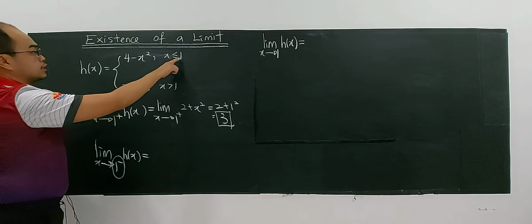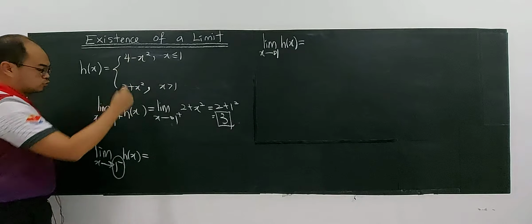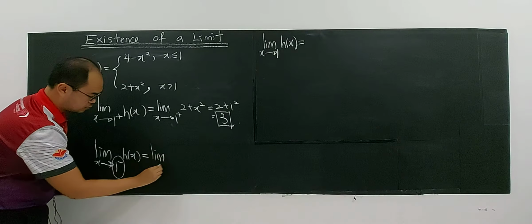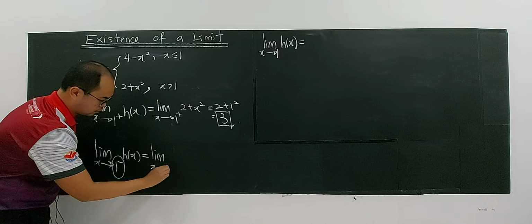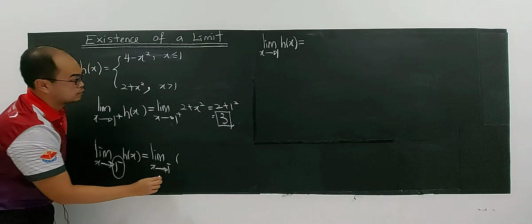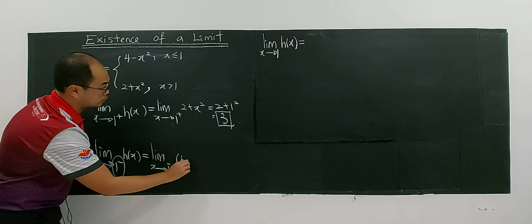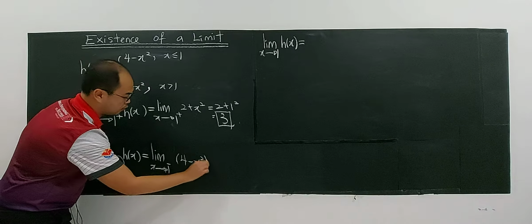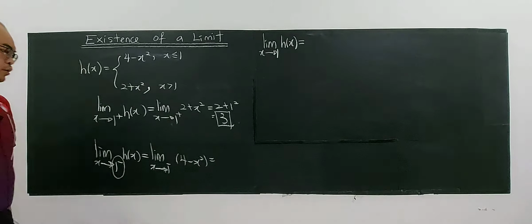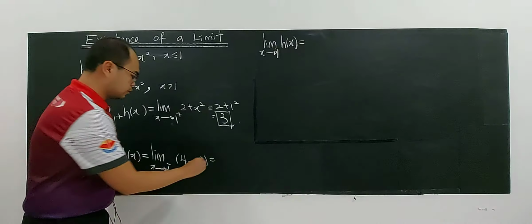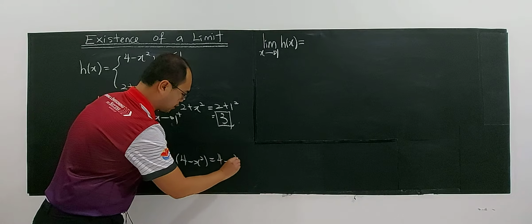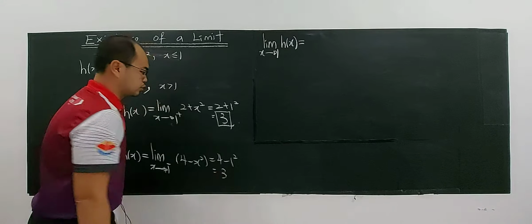So how about from the left, approaching 1 from the left? From the left is a number that is less than 1. So I'm choosing the function 4 minus x squared, right? 4 minus x squared. So you substitute the value of 1. 4 minus 1 to the power of 2, you are getting 3.